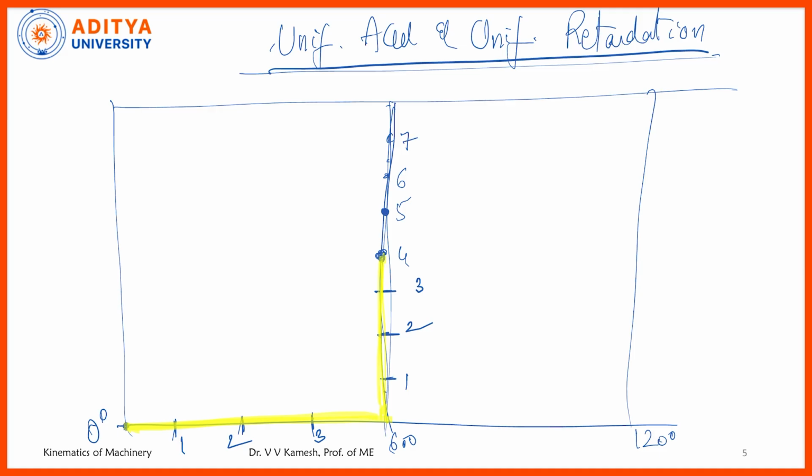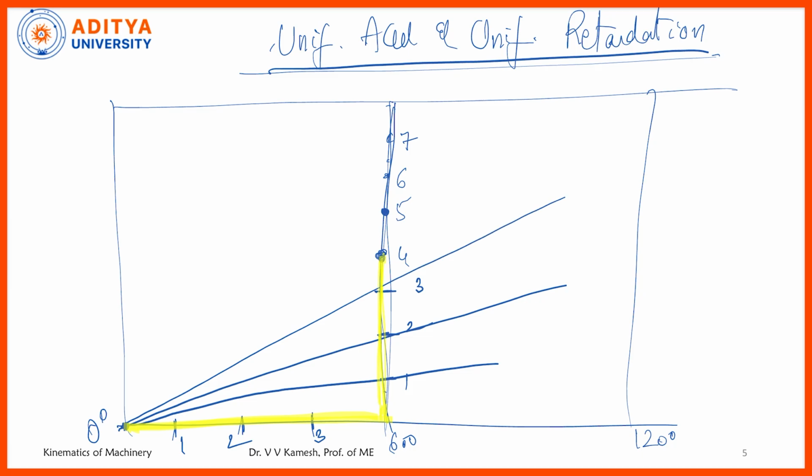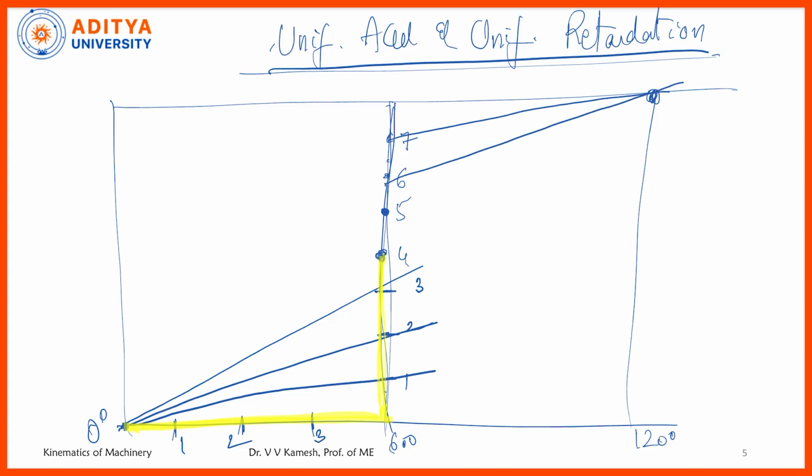Now, you join the first point to all of these 1, 2, 3 on the vertical line. Similarly, you join the top right point, the diagonal corner, to O, with 7, 6, 5. If you join with 4, it will pass through O only, right.